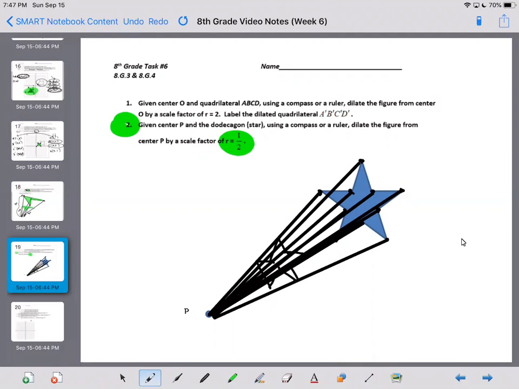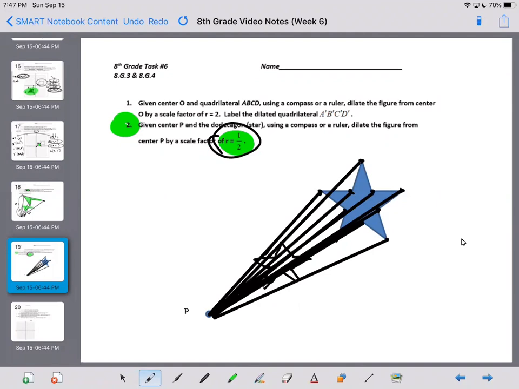And that was not a good star shape, just a sketch. So it would look something like that, where you would see that the star is much smaller than the original star because all of your distances were cut in half.